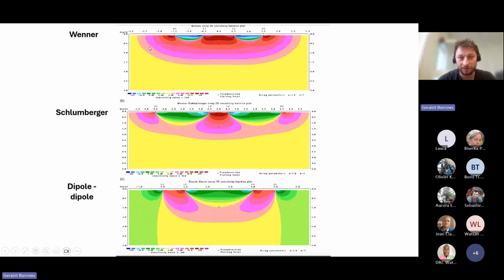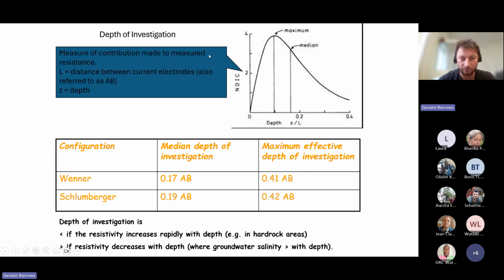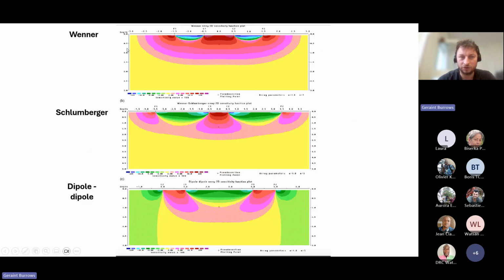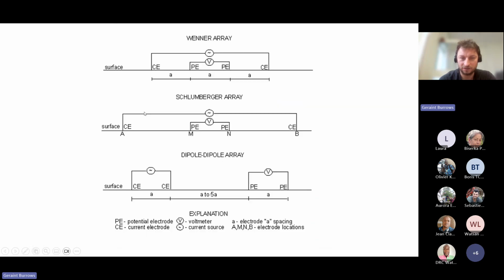So in the Wenner array, your median depth of investigation is 0.2 the distance between A and B.